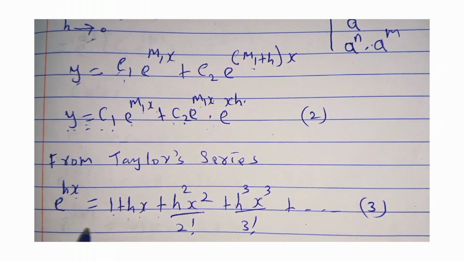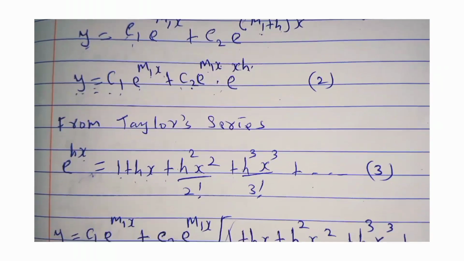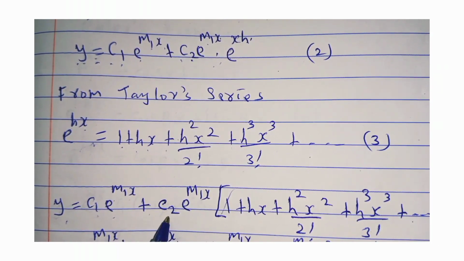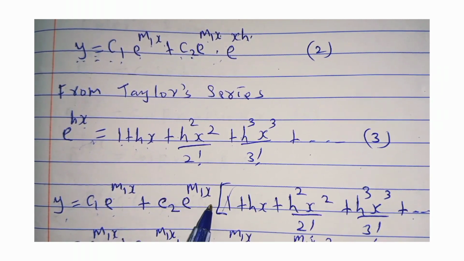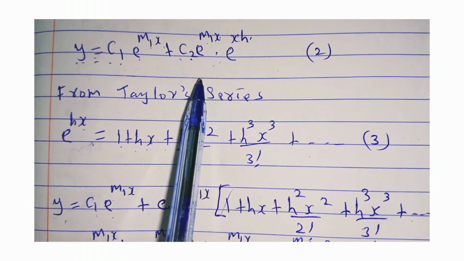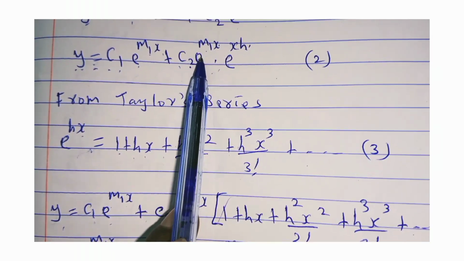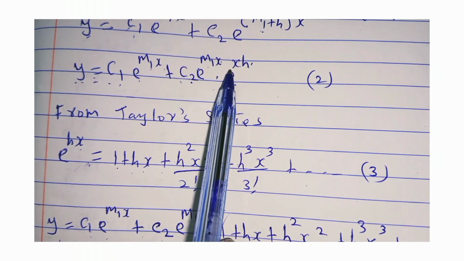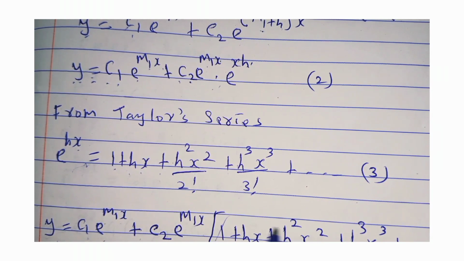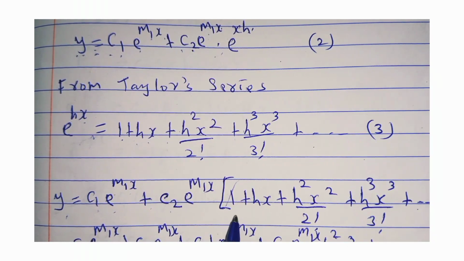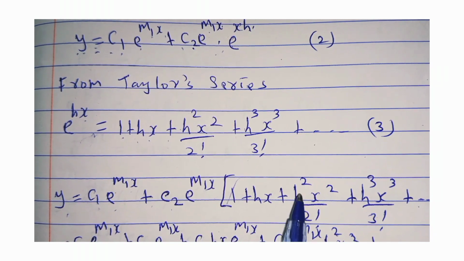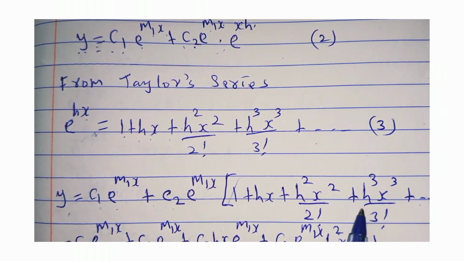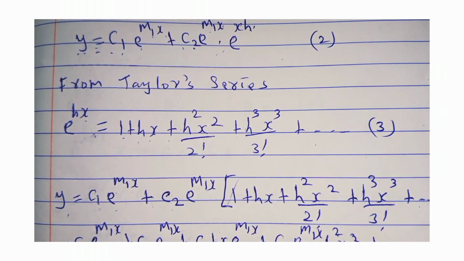Then we substitute this value up here to obtain the following: y is equal to c1 exponential m1x plus c2 exponential m1x, which is this part here, then multiplying by exponential xh, which is this part from Taylor's series, which is 1 plus hx plus h squared x squared divided by 2 factorial plus h cubed x cubed divided by 3 factorial plus all the way to the last term.